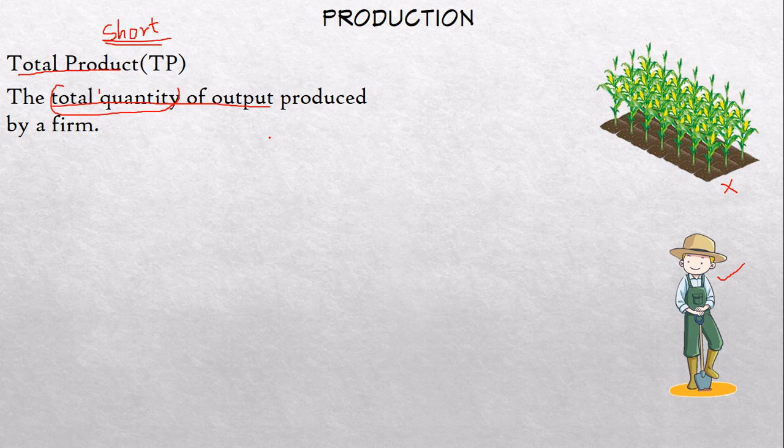See the total product as the quantity of output that the firm, or in this case my farmer, is able to produce.